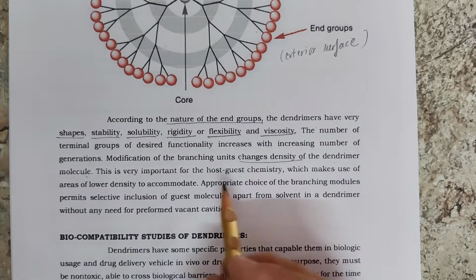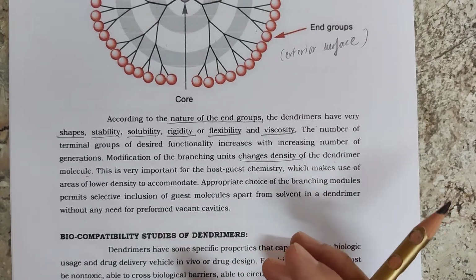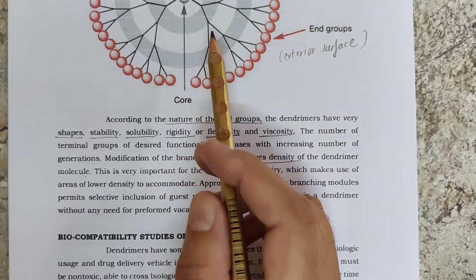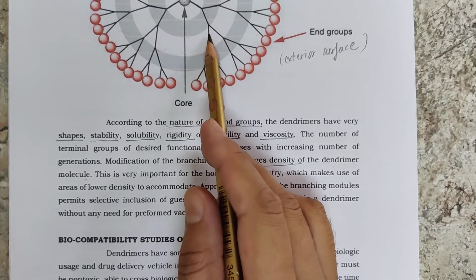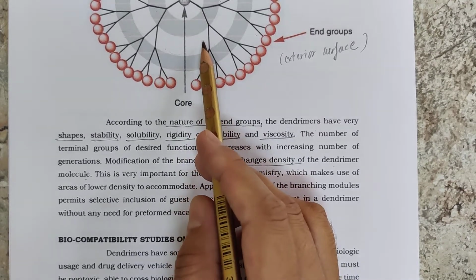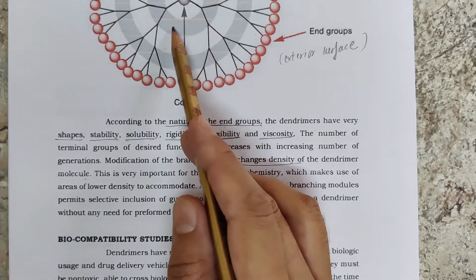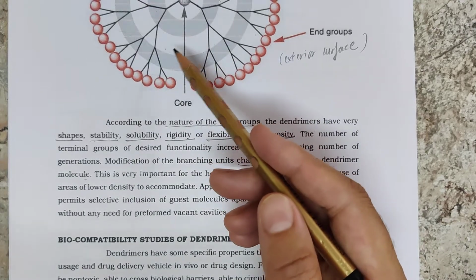For example, if we have to accommodate a bigger molecule in the cavity, then we will take a branching component which has less density, and more space is empty inside our dendrimer.